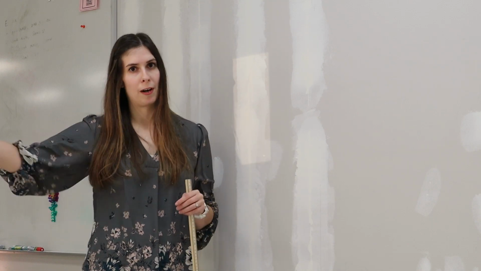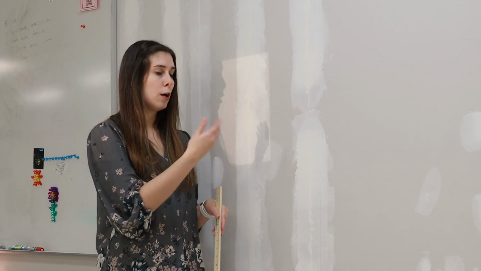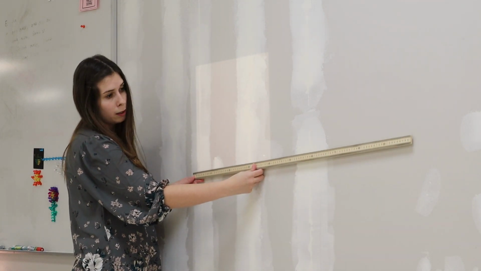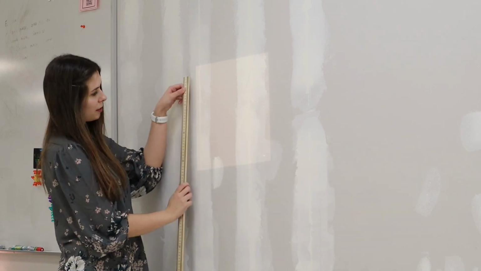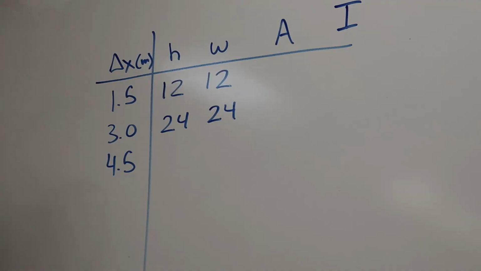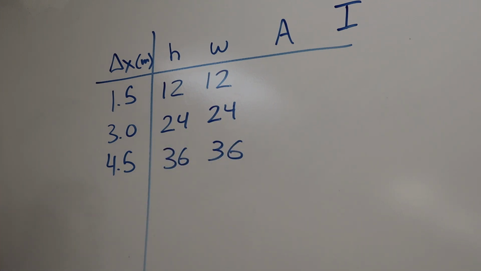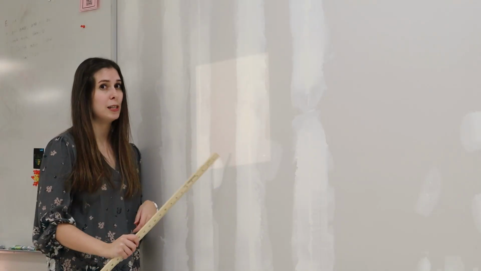So in this case, it's 1.5 meters for every distance, so it's now at 4.5 meters away from the wall. When I measure this light square now, it is approximately 36 by 36 centimeters square. So we've gone from 12 to 24 to 36. You might also notice that the light on the wall is much dimmer now that I've moved it all the way back.